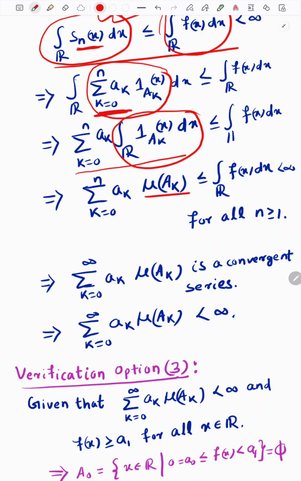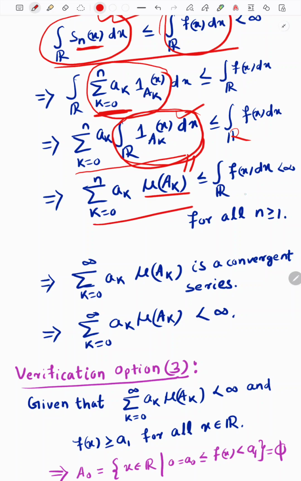So I hope that it is clear. It is a very simple exercise question. You can calculate these things. It directly comes from the definition of the measure of A_k. The measure of A_k can be written in this integral form.